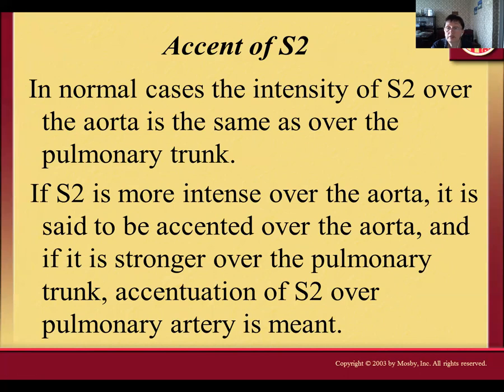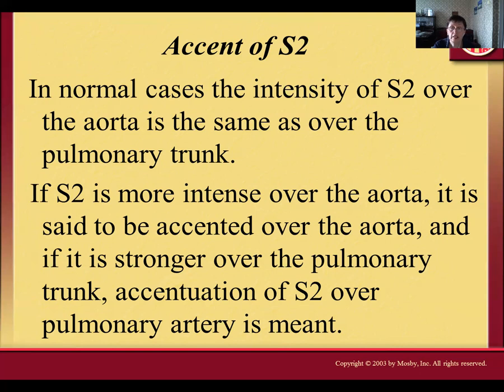How to differentiate increase of the S2? It is called accent of S2, and we compare the intensity of S2 over aorta and pulmonary trunk. In the point where S2 is more intensive, it means that it is increased, and mostly it is due to difference in pressure.